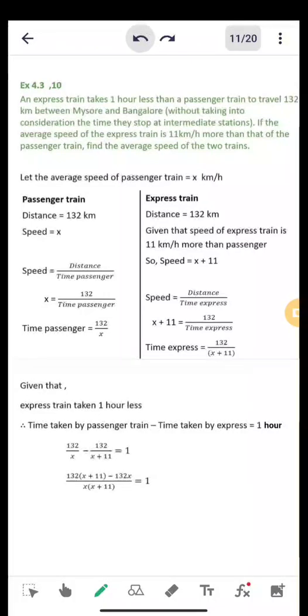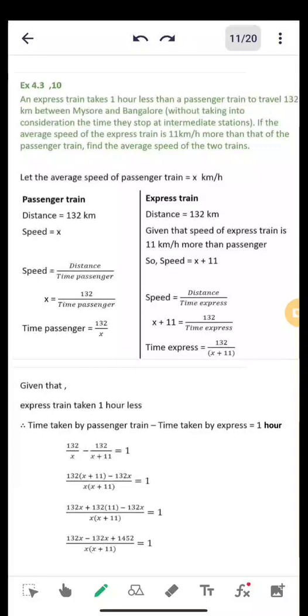Simplifying it now using the same procedure we did in the previous one. The LCM is x into x plus 11, then cross multiplying it, 132 into x plus 11 minus 132x is equal to 1. So multiplying it, 132x and 132 into 11 minus 132x.